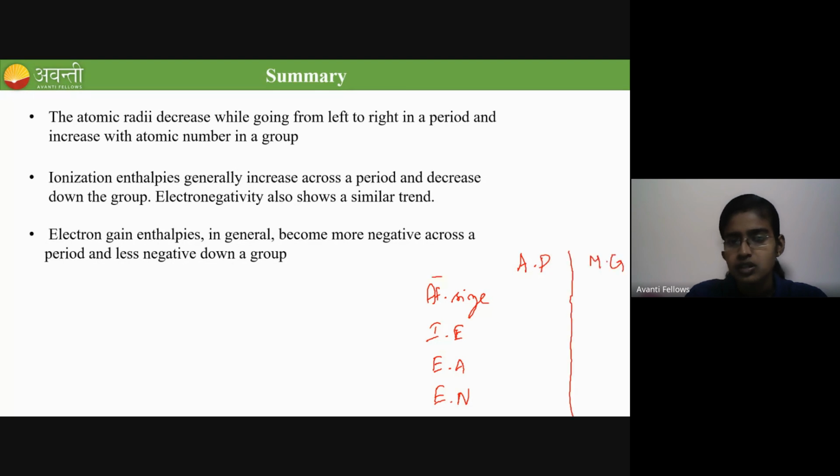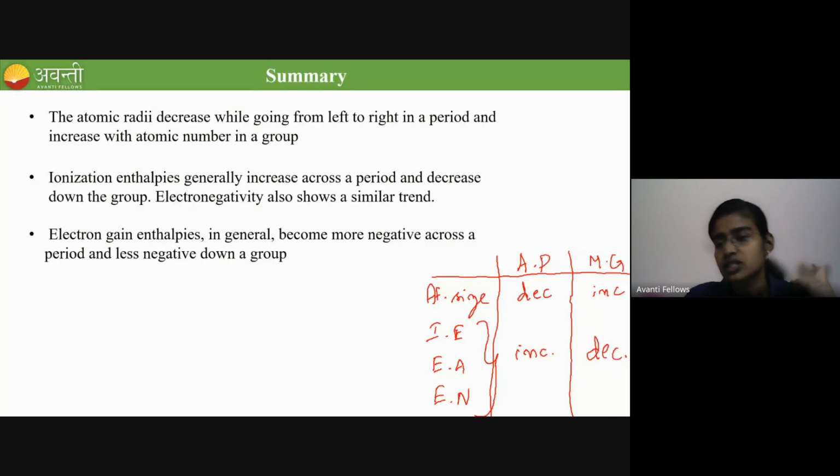Across the period, atomic size decreases, and on moving down the group, it increases. The remaining three are just the opposite of atomic size. If the atomic size decreases across the period, the other three increase. And since atomic size increases on moving down the group, the other three decrease. So this is the general trend for all four physical properties.